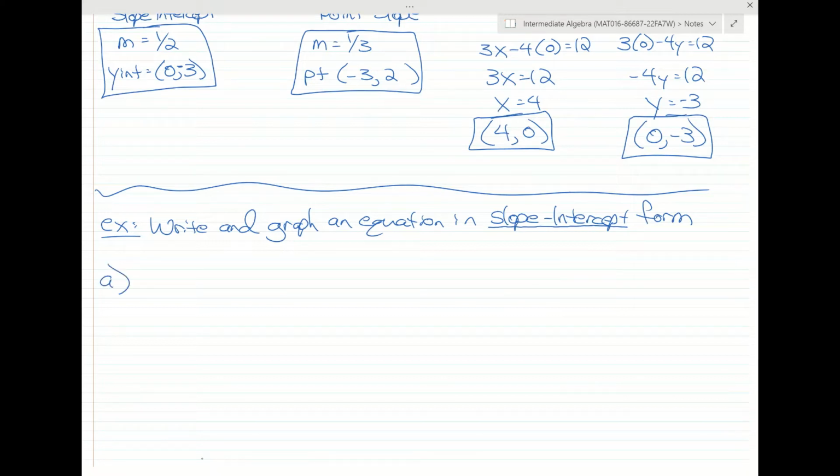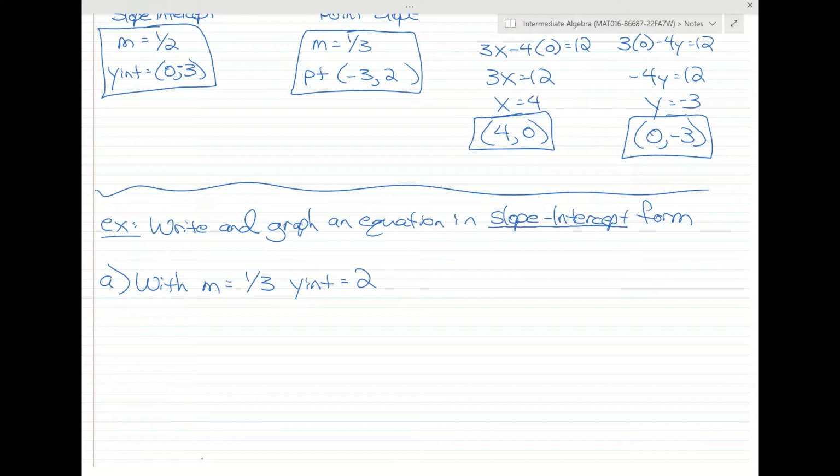So what if I gave you two problems with a slope equal to 1/3 and a y-intercept equal to 2? Remember what I asked you to do? I asked you to write an equation and graph.